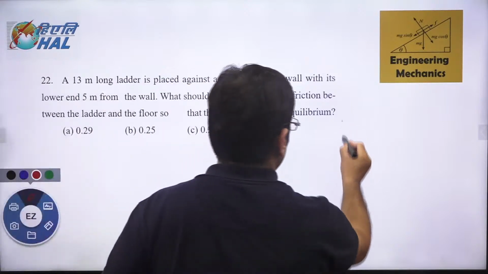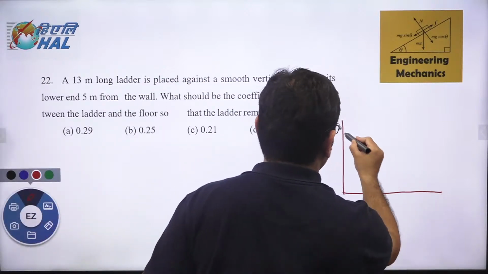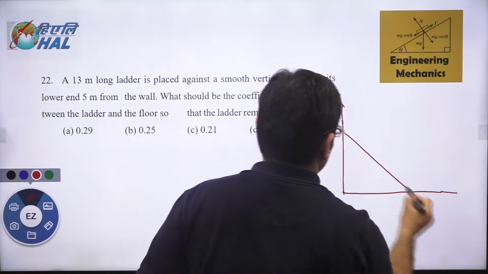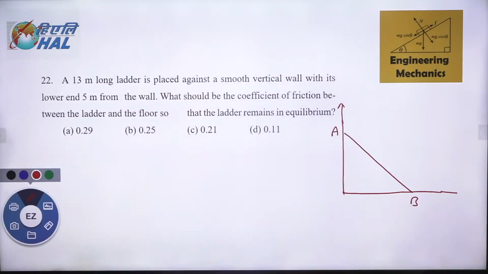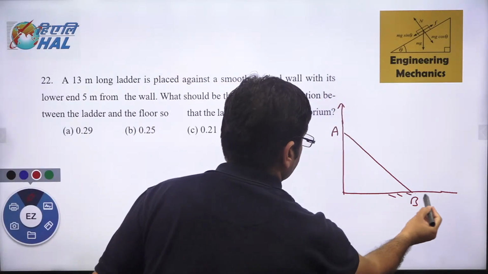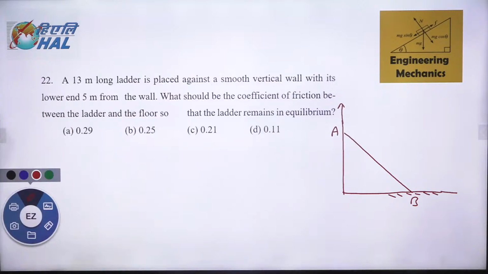Okay, so let me give you the question of the ladder. A, B, a 13-meter long ladder is placed against a smooth vertical wall. So the wall is smooth, there is no friction, but there has to be friction between ladder and the floor.